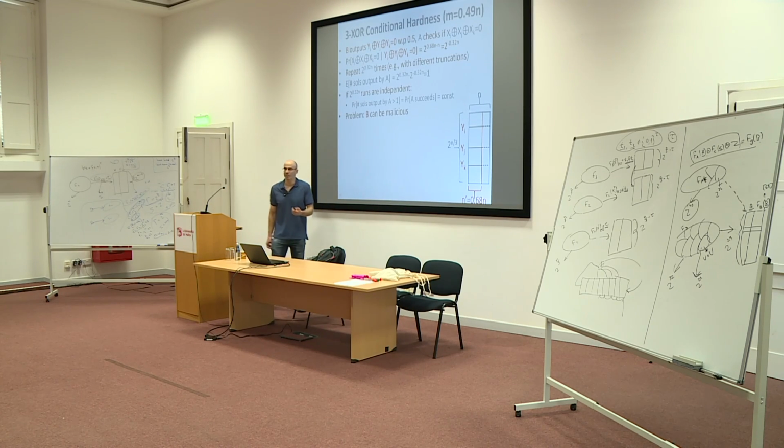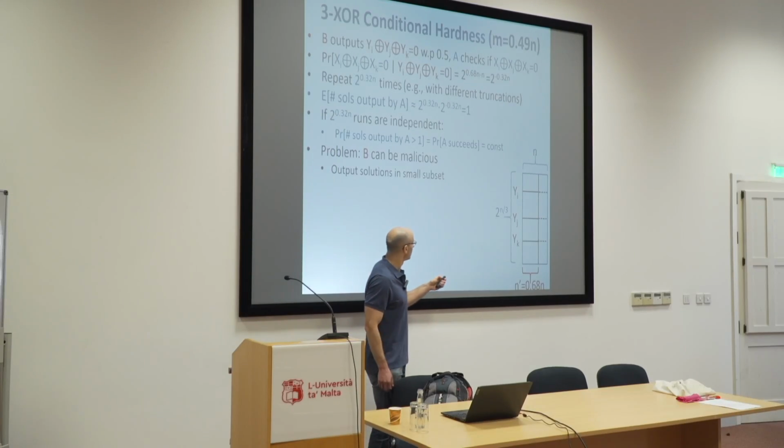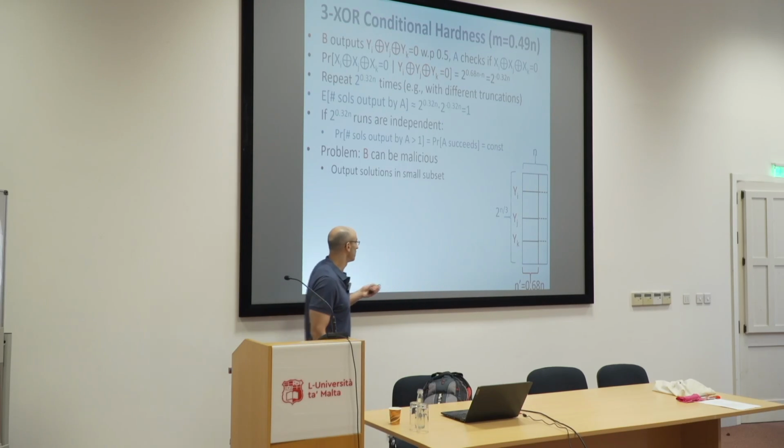And the problem here is that B can be malicious. We don't know how it works, right? It could be malicious, and it could correlate its answers. In particular, it can output solutions from a very small subset. If it does so, you run B, you get a k-XOR solution for the dense instance, and it's not good enough. The probability that it will be good enough is very small.